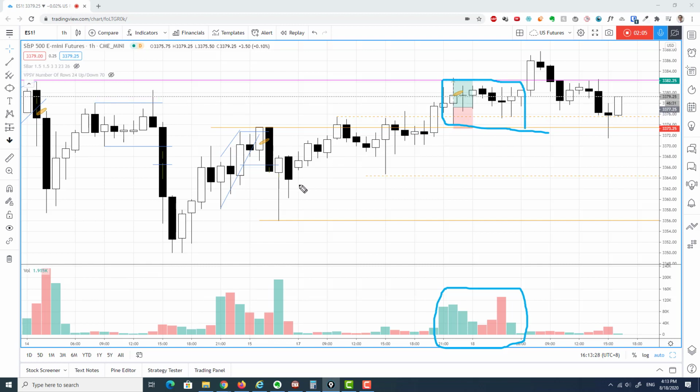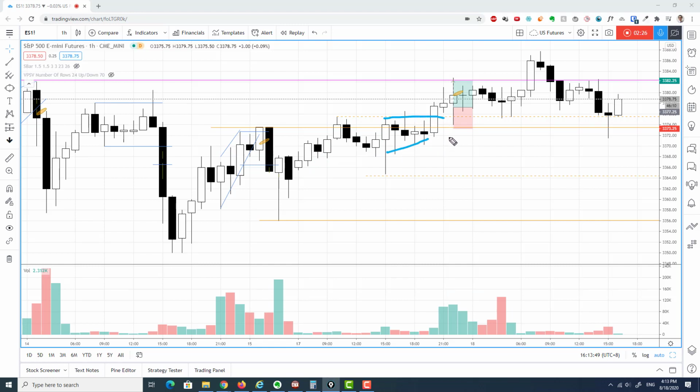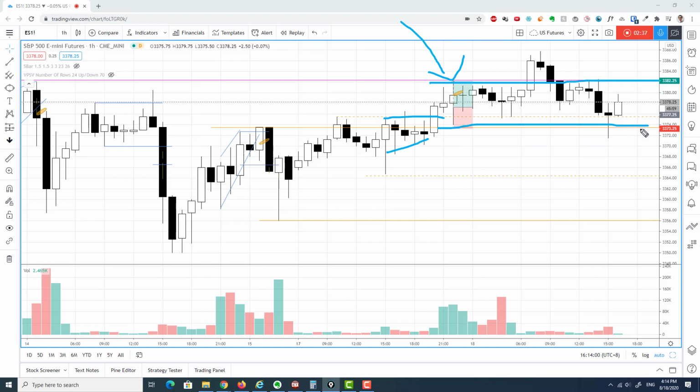But prior to that, during the Asian session, we have a bit of a rally up, followed by a reaction. And during the European London session, we have a bit of a spring type of action with a hammer bar forming, and subsequently it goes into a trading range. And eventually during the US session, we have seen just a little movement between 3380 to around 3373.